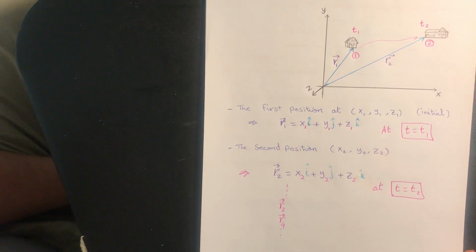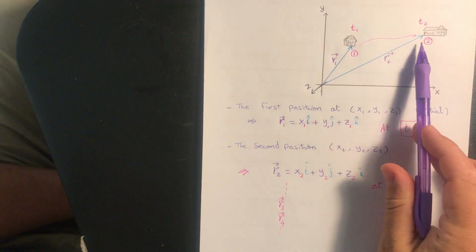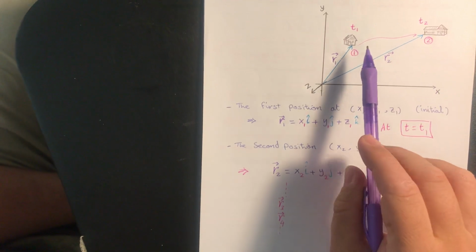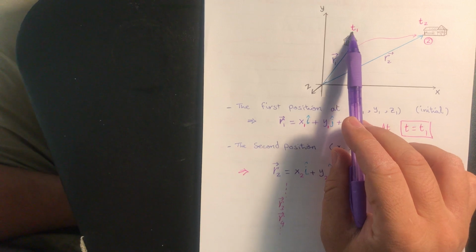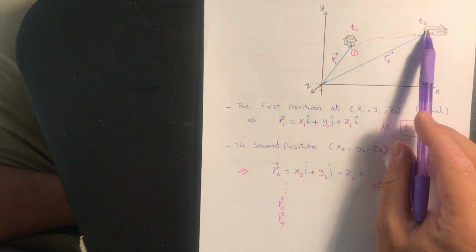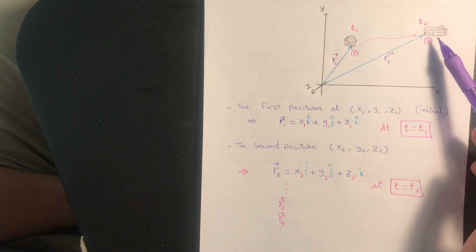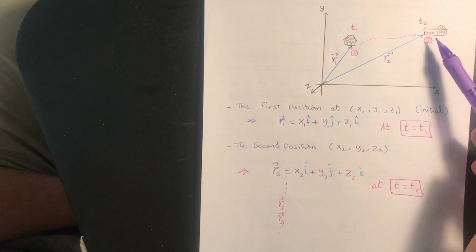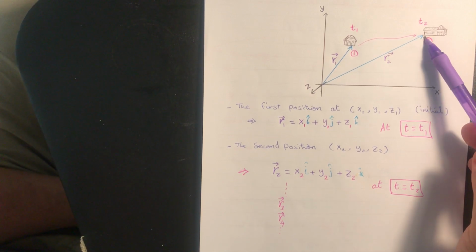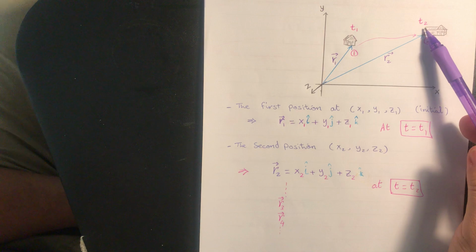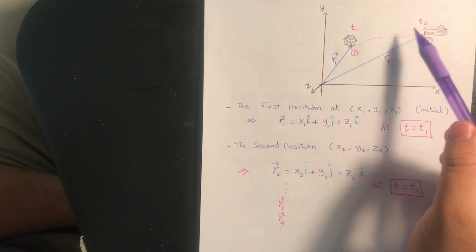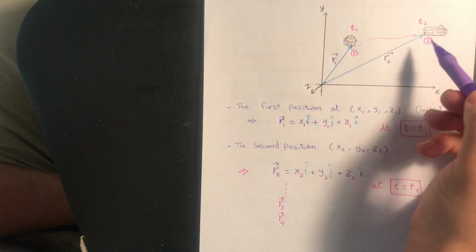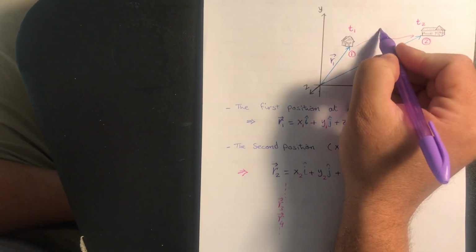If we move from point 1 to point 2, and we were at point 1 at time t1 and arrive at position 2 at t2, then we have delta t between the two situations.